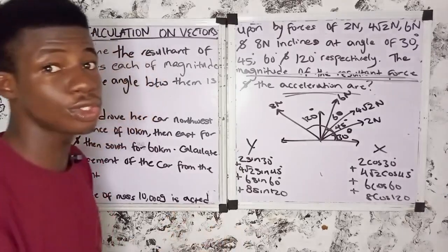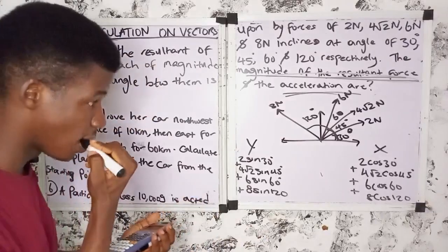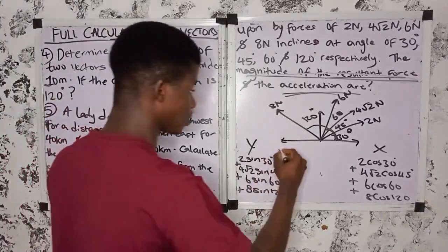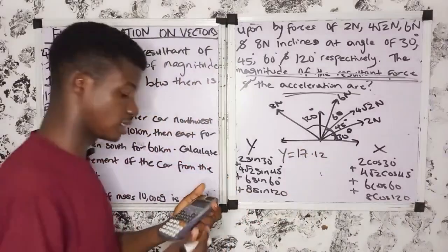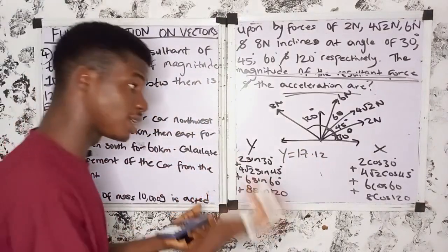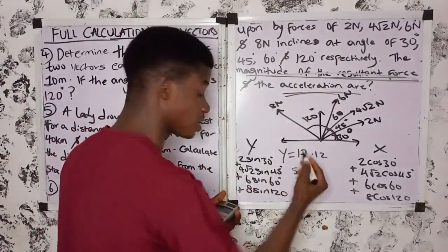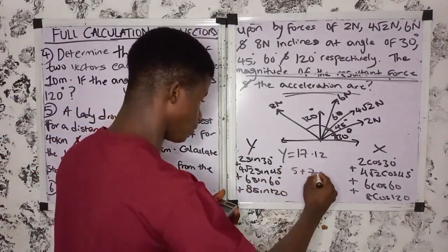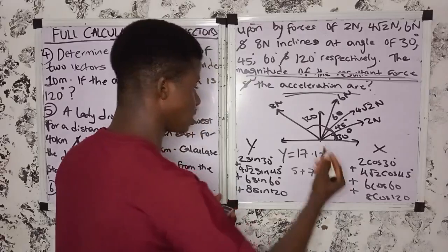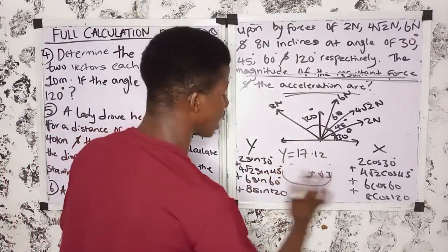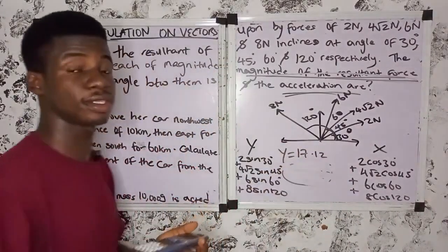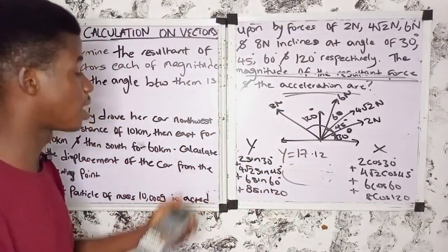I turn everything to decimal, so our y will be 17.12. The calculator gave me 5 plus 7 root 3, which is the same thing, 17.12.